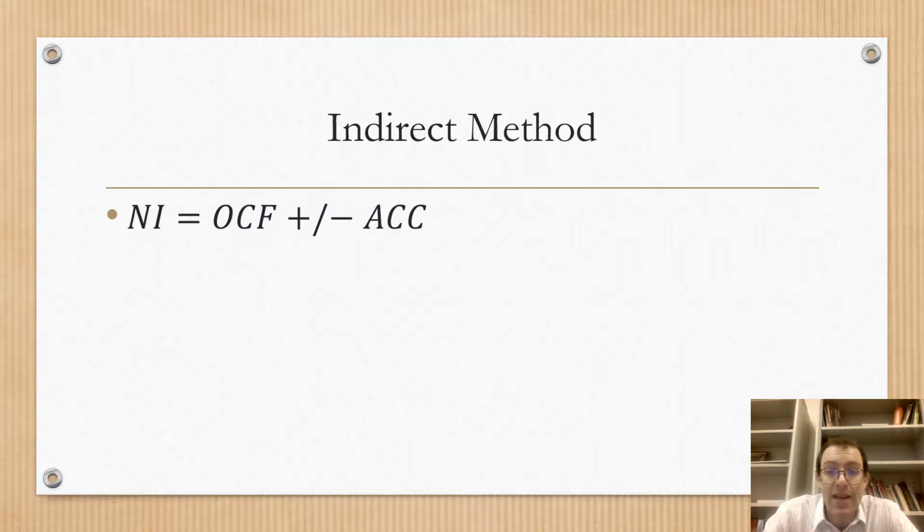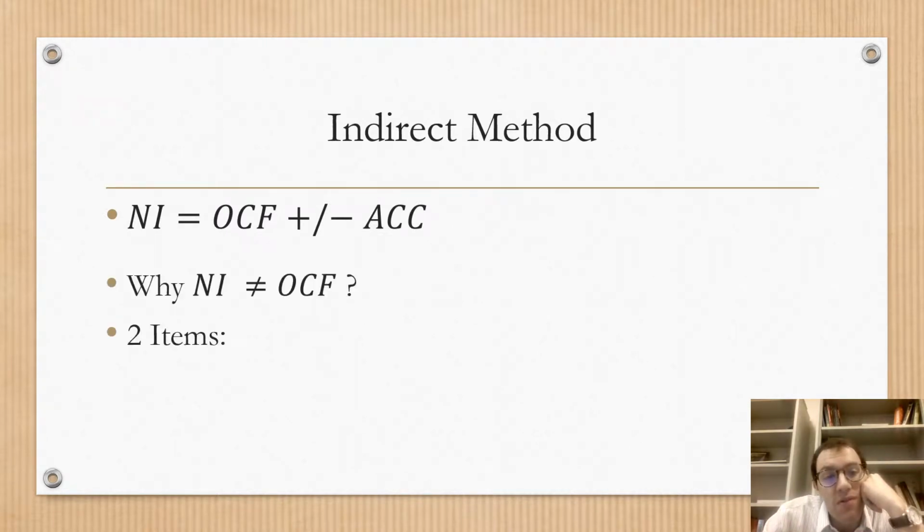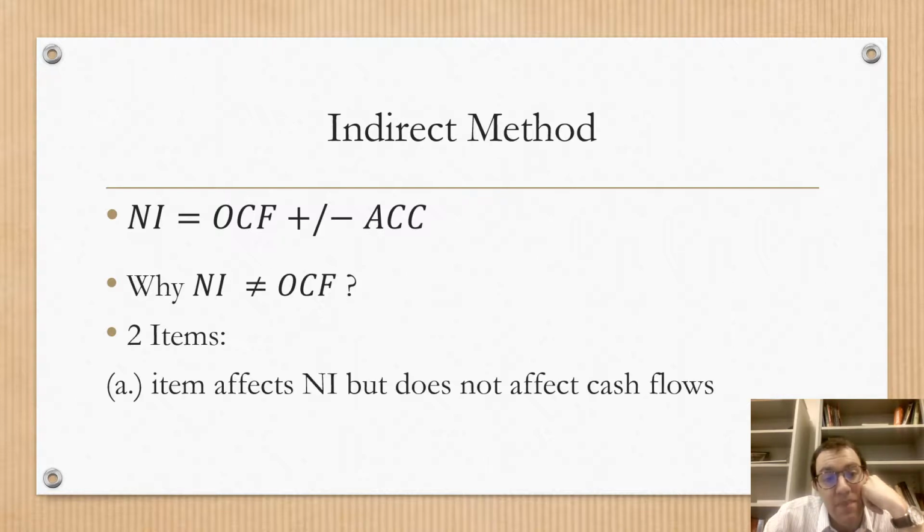So if you think about net income, it includes cash flows from selling stuff, from paying expenses, like we just went over, but it also includes expenses where you don't pay money. It includes revenue where customers don't pay you that year, right? So you're looking for two items which make net income not be the same as operating cash flows. And these are the items you're going to have to adjust when you're doing the operating cash flow section.